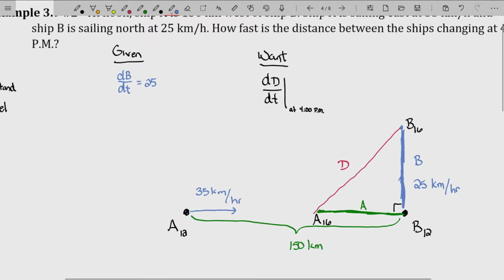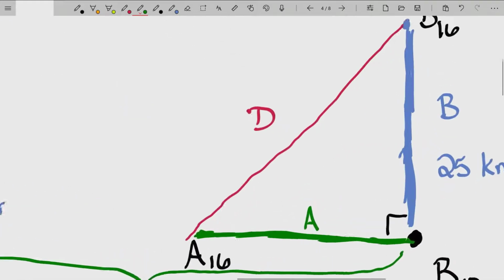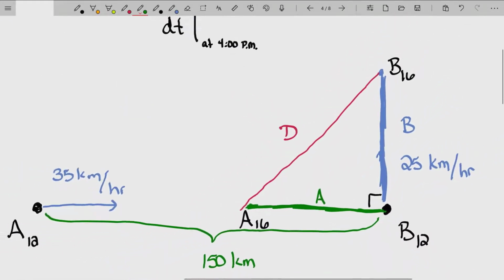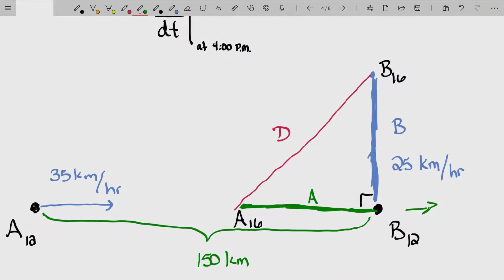Now we happen to know the rate of change of A. Ask yourself, is side A increasing or decreasing? You should know it's decreasing. If you're wondering, well, what if it got on this side? Well, just ask yourself, how far has that boat gone after 4 hours? 4 hours later at 35 kilometers per hour, that's what, 140 kilometers?